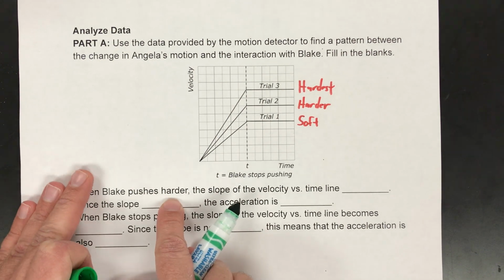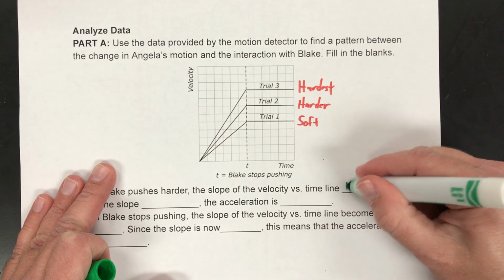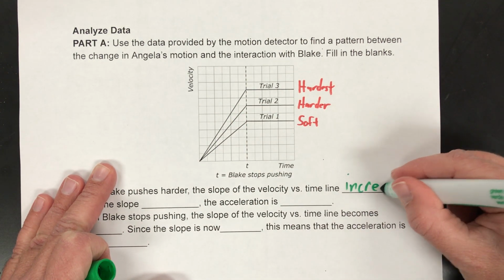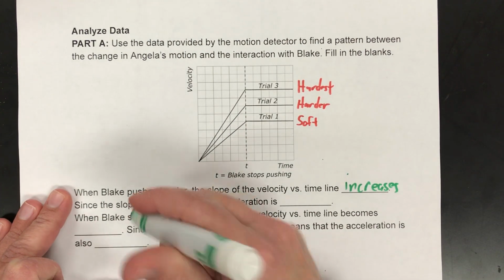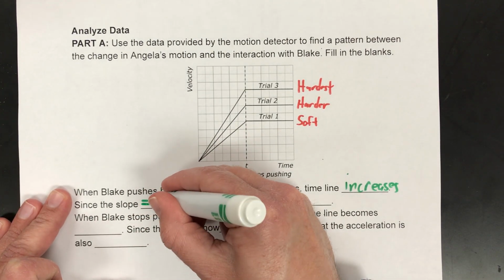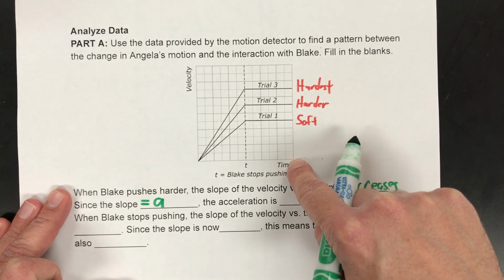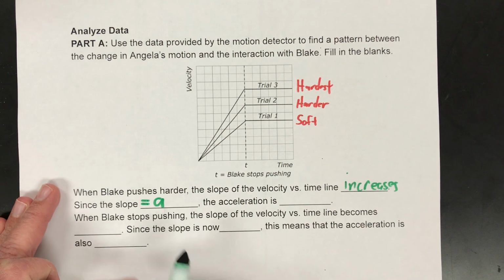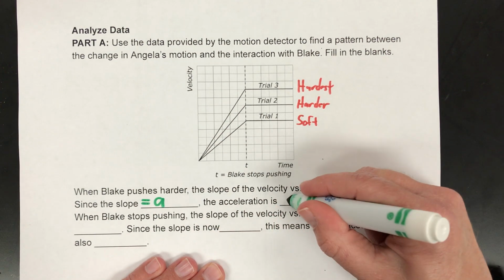It says when Blake pushes harder, the slope of the velocity versus time line increases. So we can see that clearly on here. Since the slope, and I'm going to have to abbreviate in here to fit it, equals acceleration, right? On a velocity versus time graph, the slope is acceleration. So since the slope equals acceleration, the acceleration is increasing.